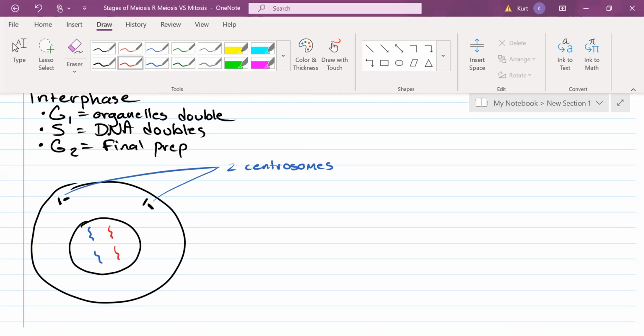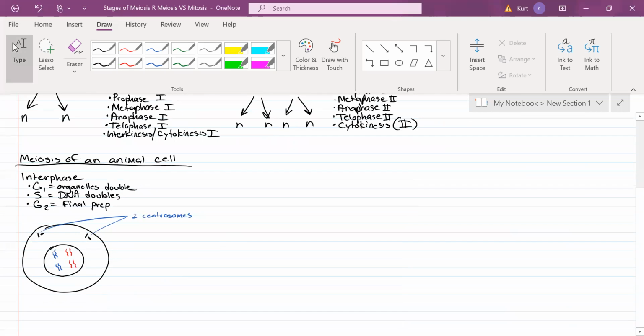So this is before S phase, and then after S phase, you're going to have a copy of each chromosome. They're all going to be copied. So technically, you have 8 here, but you just have 2 copies of each of the 4 chromosomes. All right? Let's move on.